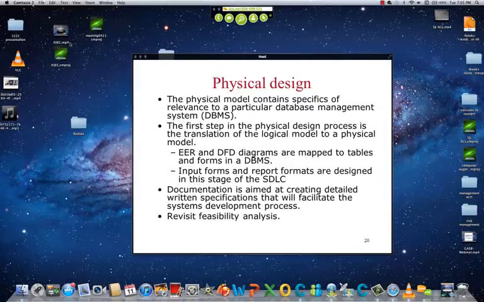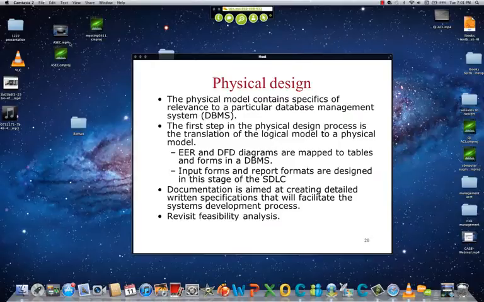So you have this logical design, you have physical design, right? Then what? And basically when you do this physical design, you integrate EERs and DFDs. So you have to tie them in. Again, we'll discuss it more later. So I want to go quickly through this chapter since the 8th chapter is more important, I think.